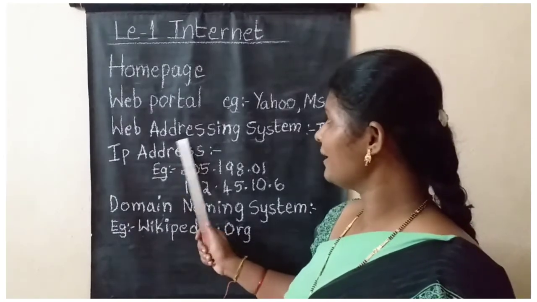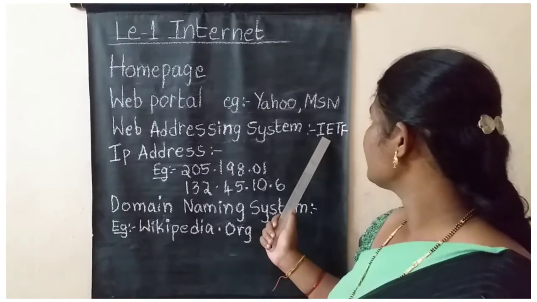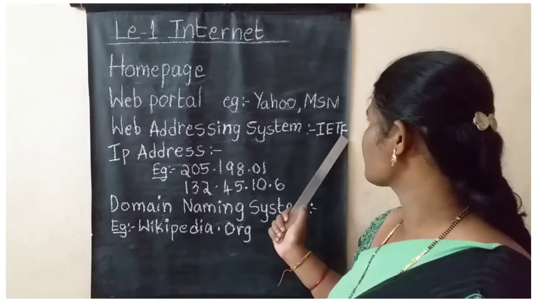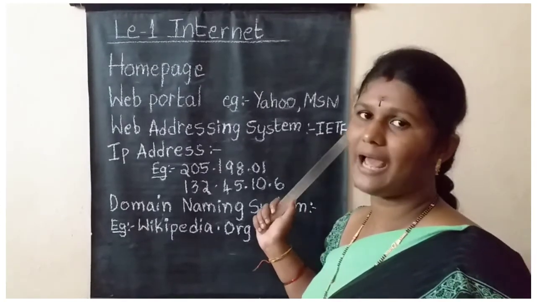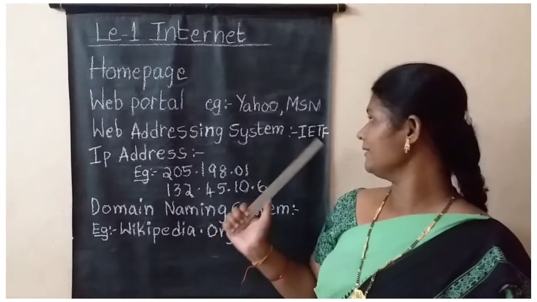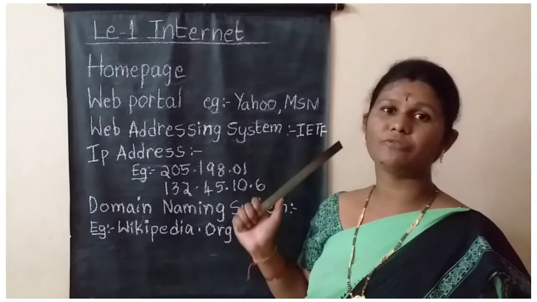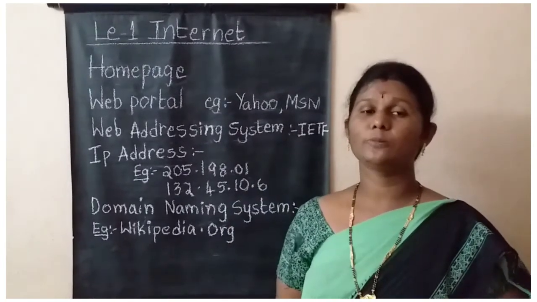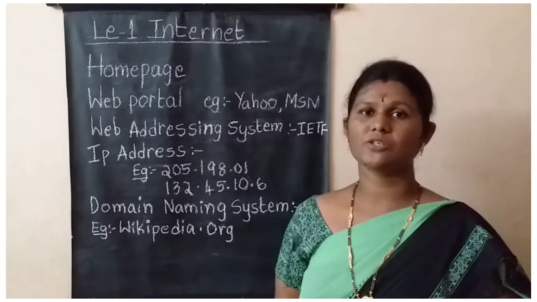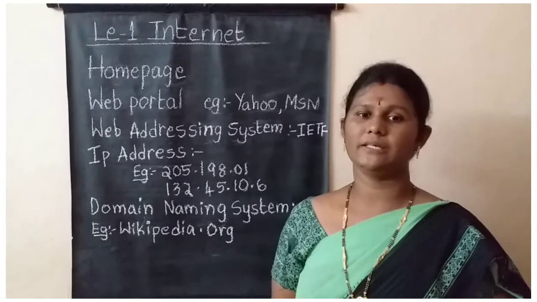This web addressing system was developed by the Internet Engineering Task Force, simply called IETF. The main theme of the IETF is to provide a unique address to the millions of users who are using the internet.